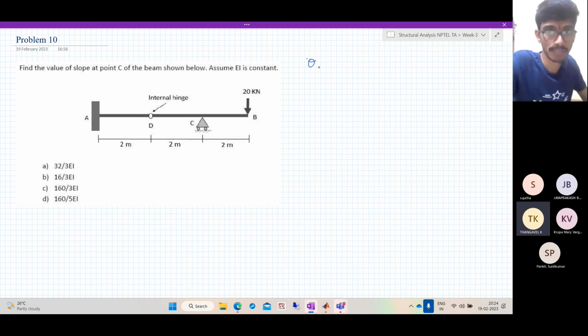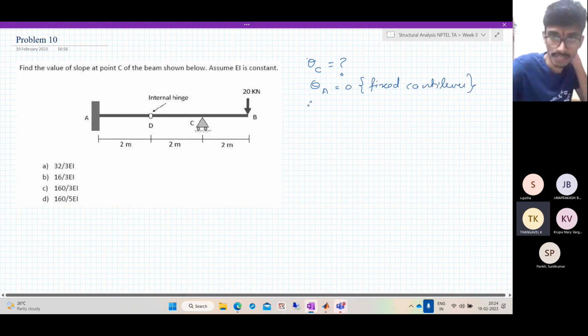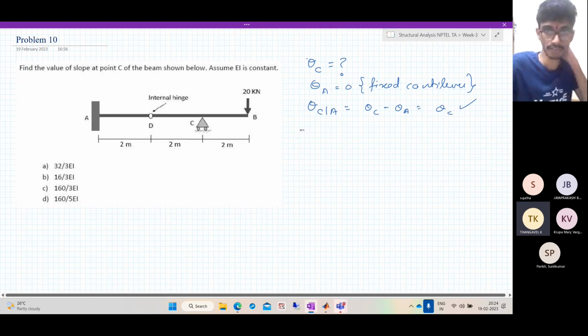We are asked the slope at the point C. We know theta A is equal to 0 because it is a fixed cantilever. So theta C with respect to A is nothing but theta C minus theta A, which is theta C. So it's enough to find theta C with respect to A.